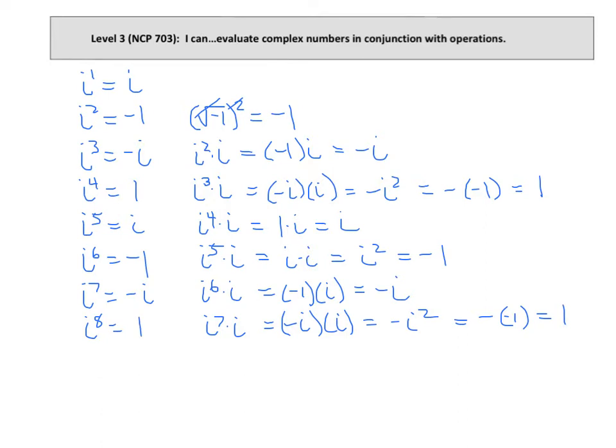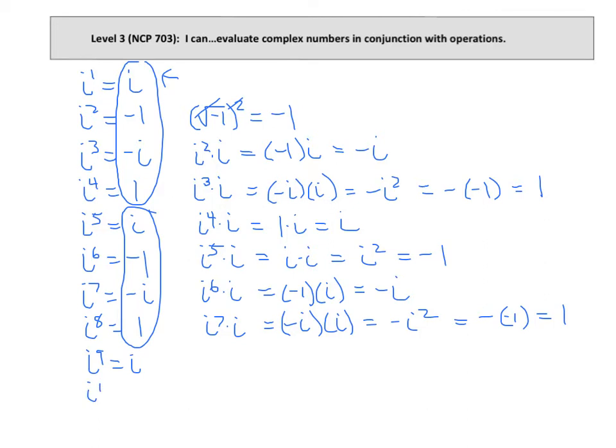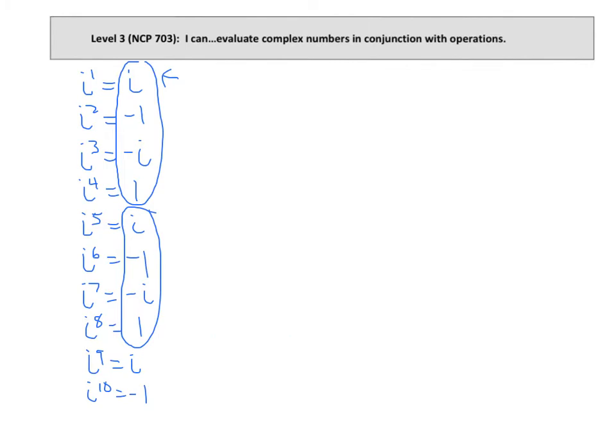And if you notice, these first four repeat, and they will continue to repeat. So i to the ninth is going to be back to i. i to the 10th is going to be -1, and so on. So we get a pattern that repeats every 4 terms.